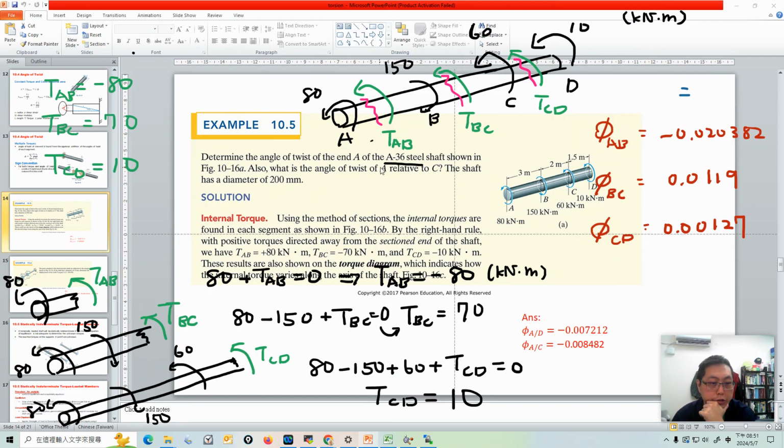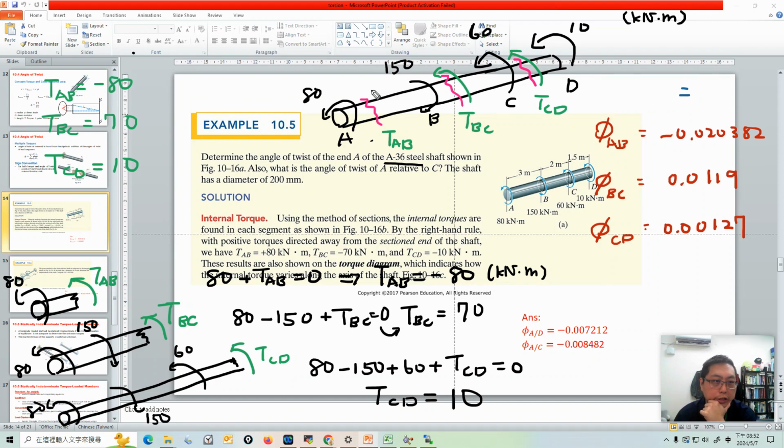Initially we assumed the torque is counterclockwise, but we got a negative value, so the real direction is clockwise.